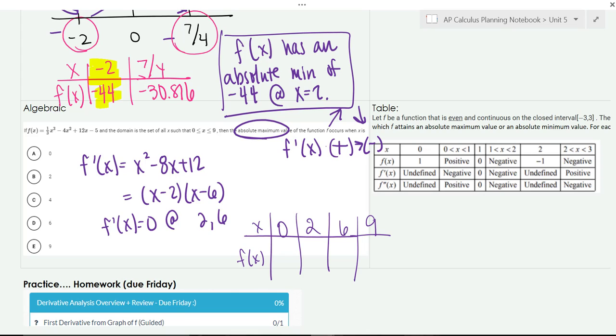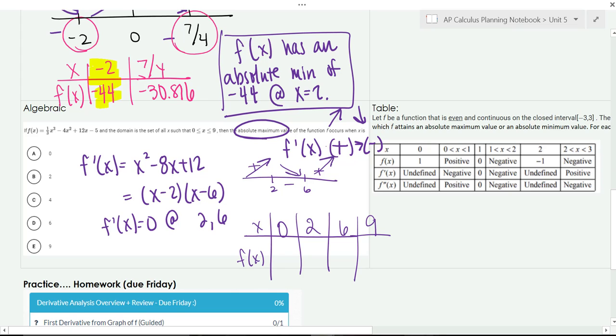If I look at this, we have a 2 and a 6. Then this is a parabola, right? x squared, so we're going to be above, below, above, which means that we're going from increasing, decreasing, increasing.